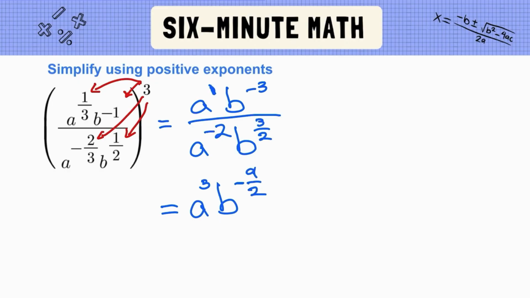I'm going to put that negative exponent on the bottom. So I have a cubed over b to the 9 over 2. And then I can make that a little more simple, depending on your teacher, of taking the root of b to the 9.